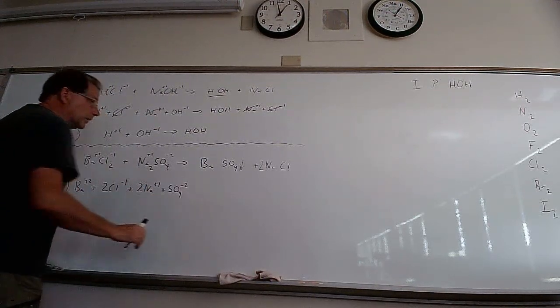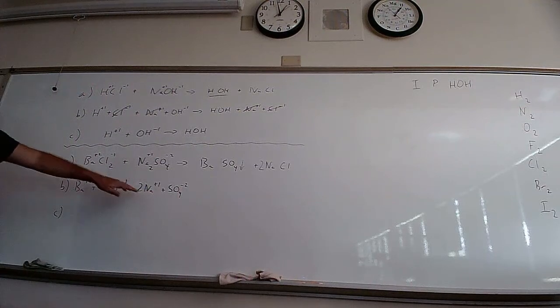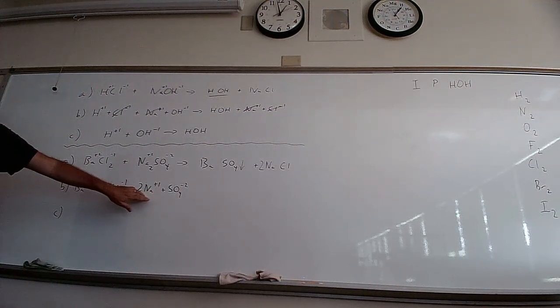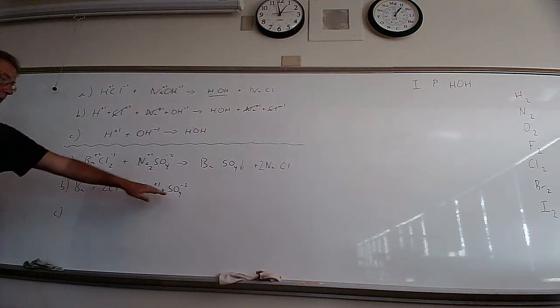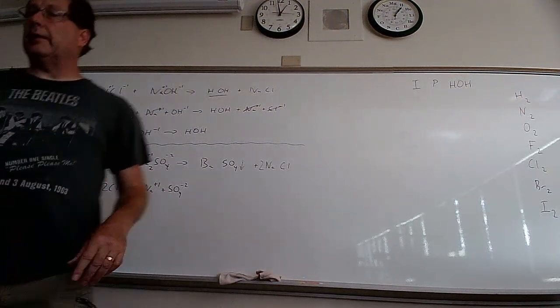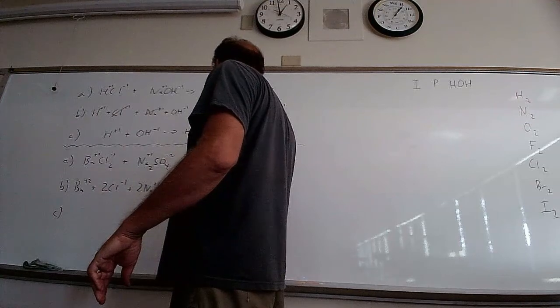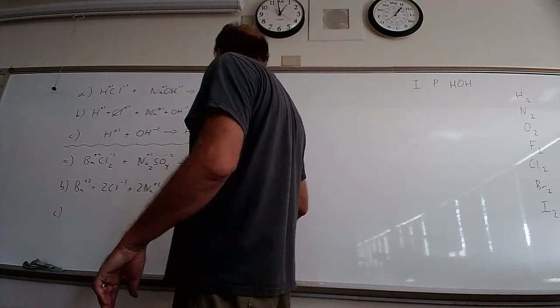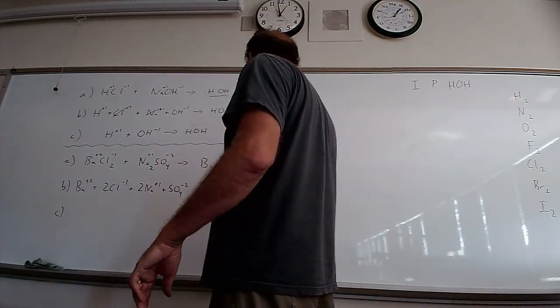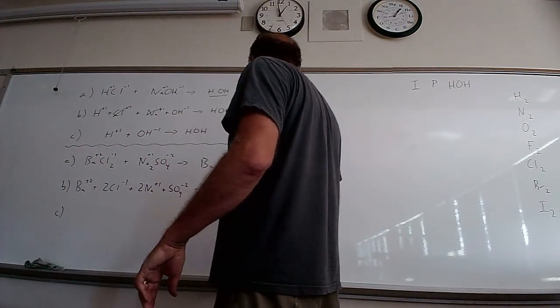Why that? Because check your chart. Likewise, it's 2 Na, not Na2, because Na2 is not the formula for sodium ion. Na is the formula. Then I have SO4 with a charge of minus 2. Okay, arrow, BaSO4, I'll put that arrow down next to it, plus 2 Na, plus 2 Cl.